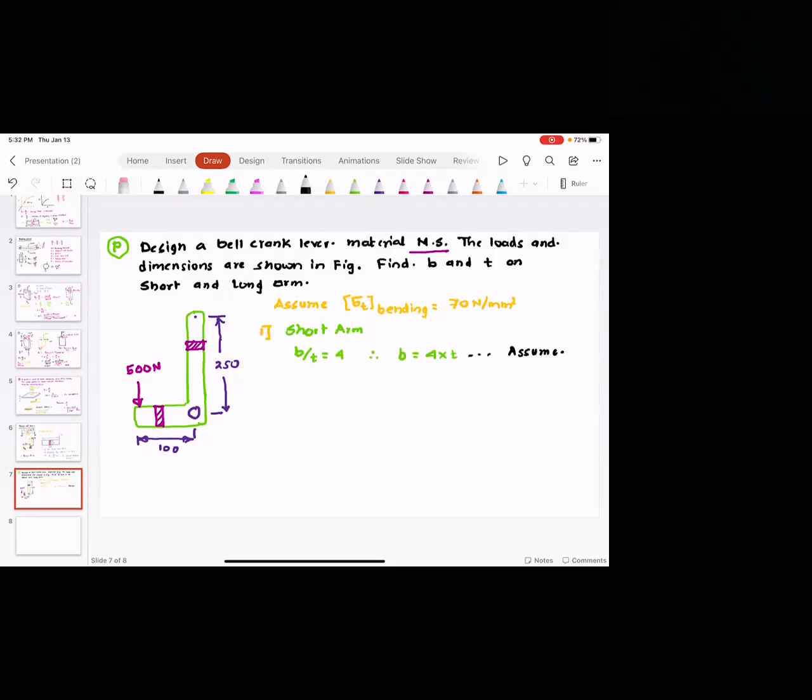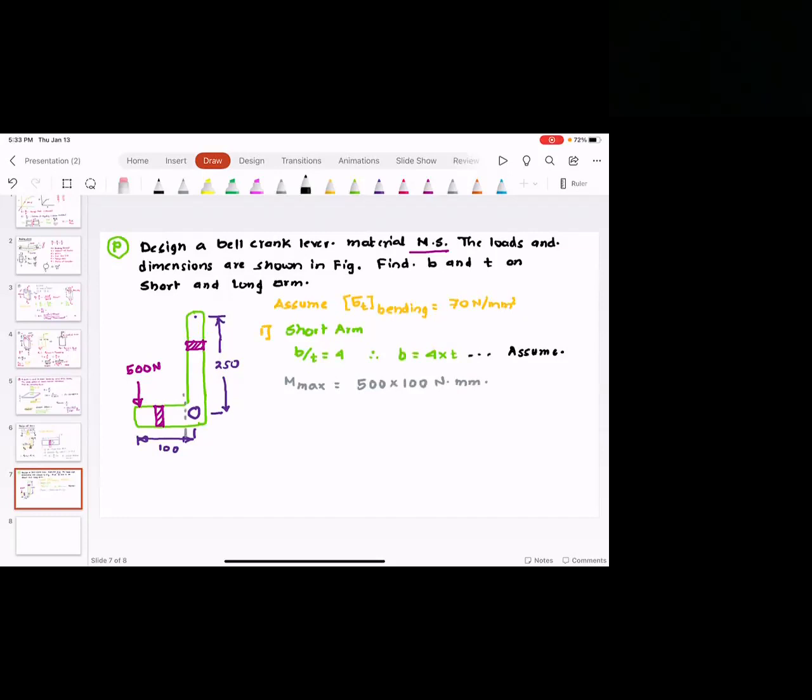Now I need to find out the bending moment. I'm going to assume this cross section. So where do I find out the bending moment? I can find it somewhere here. So bending moment max is 500 multiplied by 100 Newton millimeter.